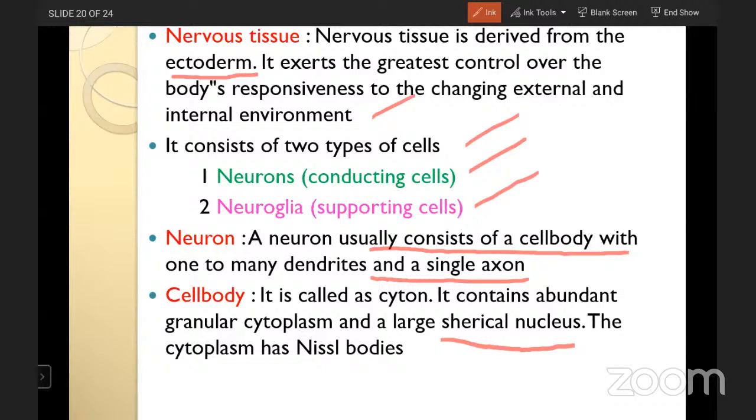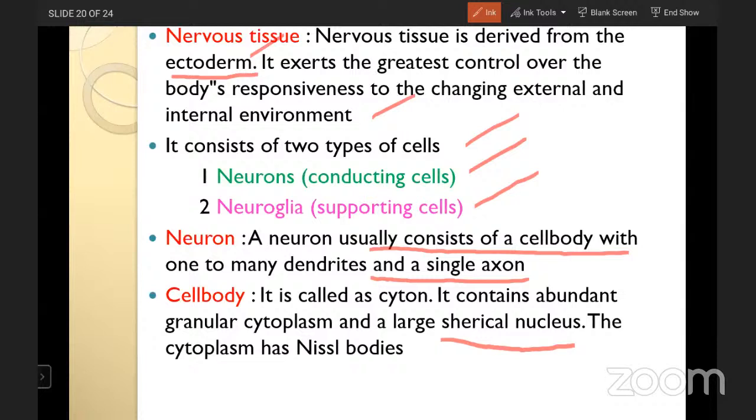Okay, once again I am repeating here. Nervous tissue is derived from the ectoderm. From where is it derived? Ectoderm. It exerts the greatest control over the body's responsiveness to the changing external and internal environment. With the help of the nervous system only, the body can respond to external stimuli and some changes which take place internally also. It consists of two types of cells.